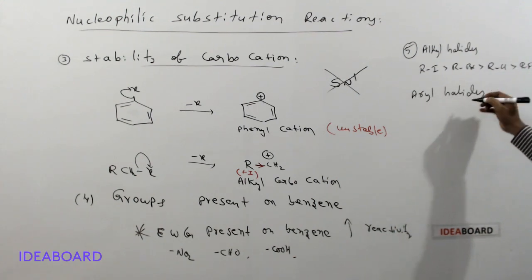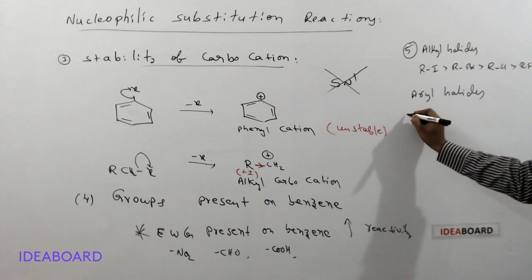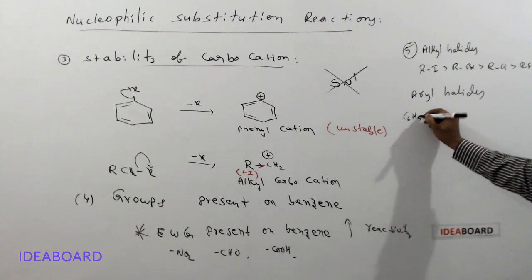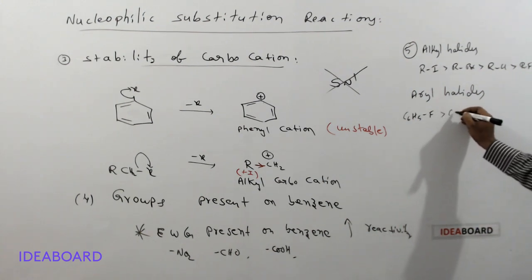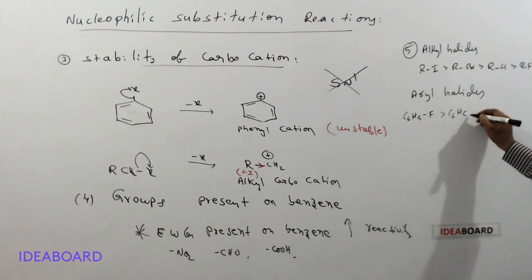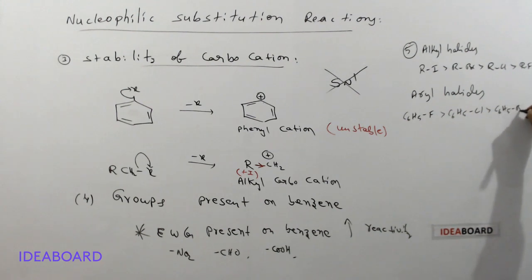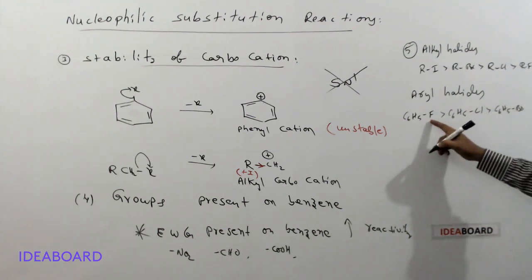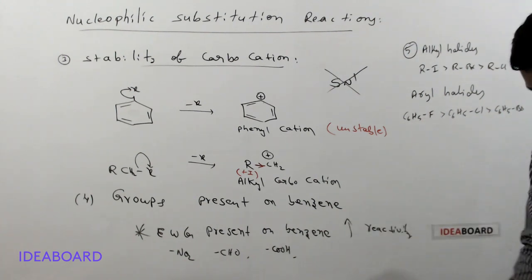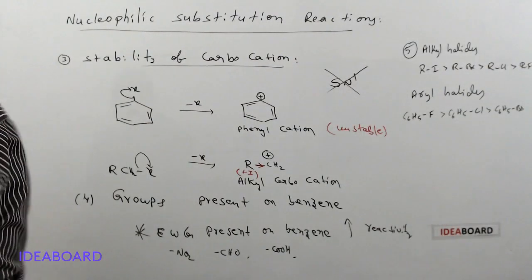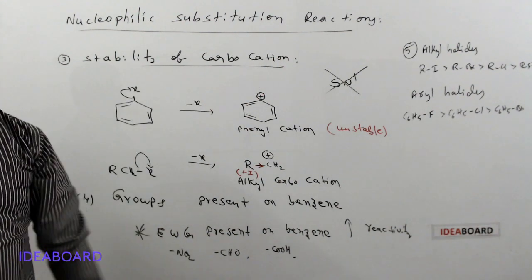The aryl halides reactivity order is: C6H5F, fluorobenzene, has higher reactivity than C6H5Cl, than C6H5Br, because fluorine is more electronegative, so the C-F bond dissociation occurs more easily. So the aryl halides reactivity order is quite opposite to the alkyl halides reactivity order.